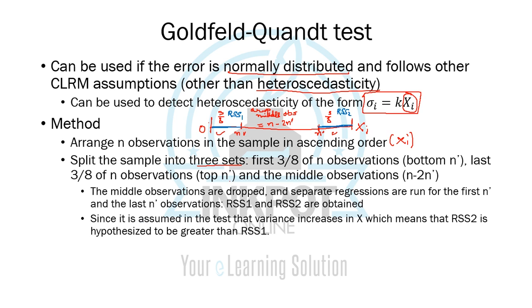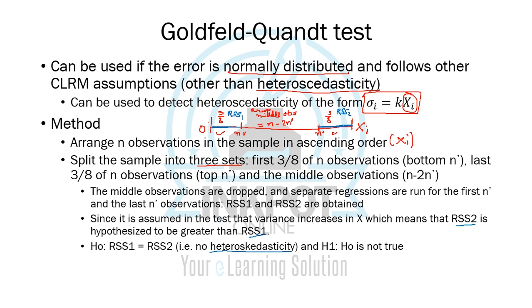Now the idea is that in this test we assume that the variance increases in x, which means RSS2 is hypothesized to be greater than RSS1. So we can define the null hypothesis as RSS1 is equal to RSS2. That is, there is no problem of heteroscedasticity.